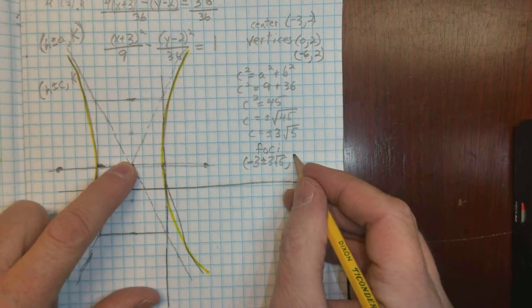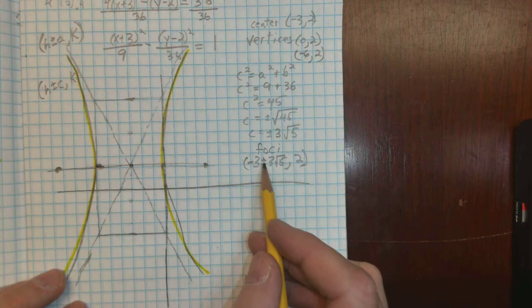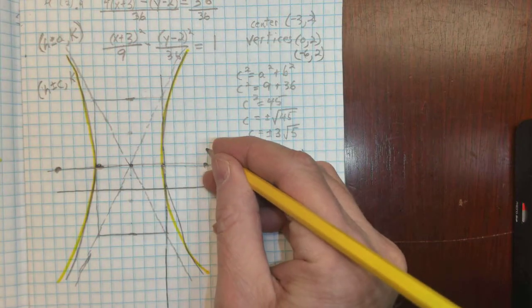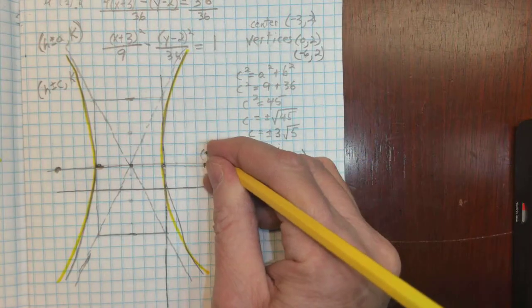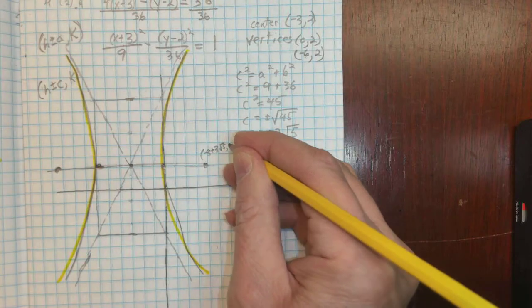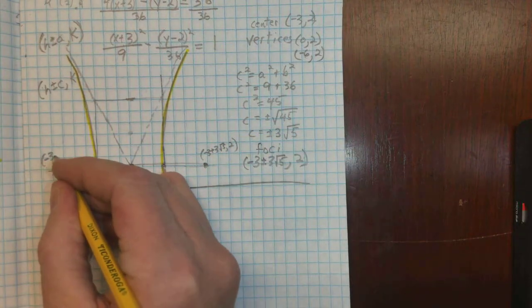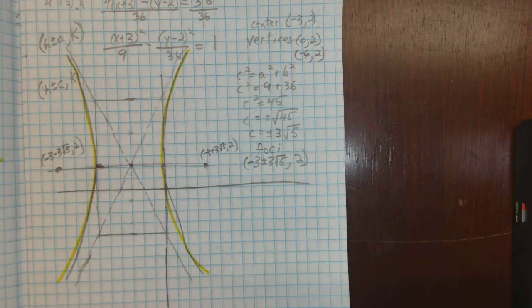And then k is 2. -3 plus 3 radical 5, 2, and -3 minus 3 radical 5, 2. Those are the coordinates here. That's what that one would be. And this would be -3 minus 3 radical 5, 2. And you can't simplify that any more than that to have the exact value.